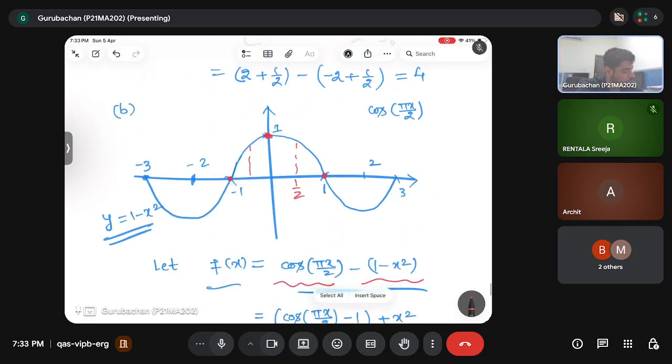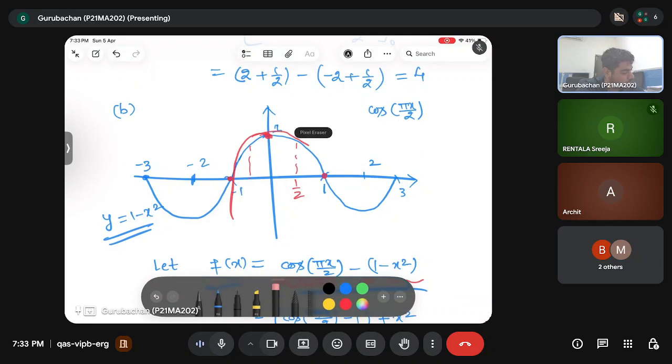So it will come like this from here, and we have to make a little change in the graph here so that it will look negative here. And the cos will be like this. Is it visible now? Which will be the area now?